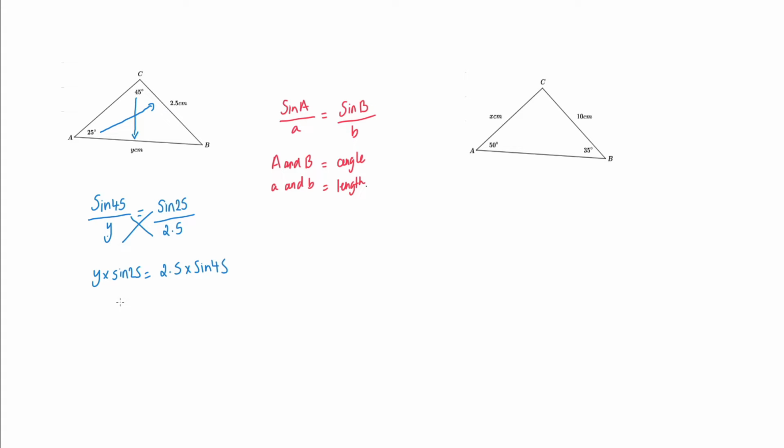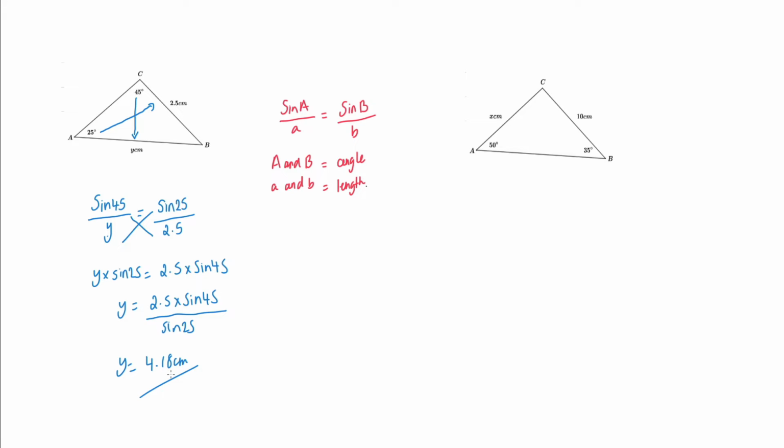Because we want to find y, we do 2.5 times sine 45 over sine 25. Putting that in my calculator, 2.5 times sine 45 divided by sine 25, the answer is 4.18, and that is your answer, in centimeters.